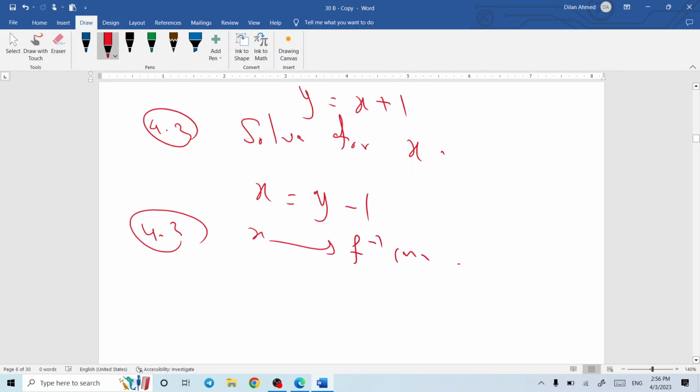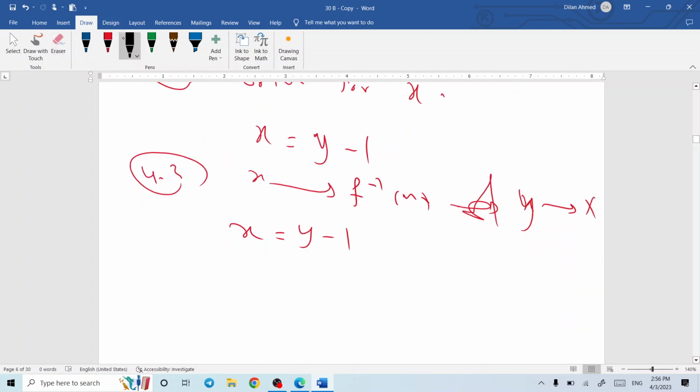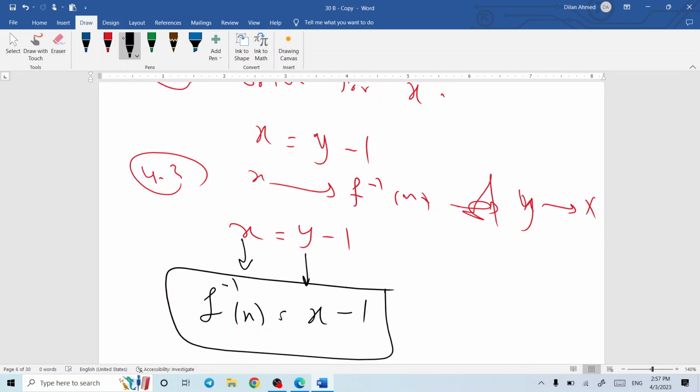You can say f inverse of y, and of course we also change x to y or y to x. What do you mean by that? In Calculus 1, we wrote it like this: x equals y minus 1, and we change it to f inverse of x equals x minus 1, which is my inverse.